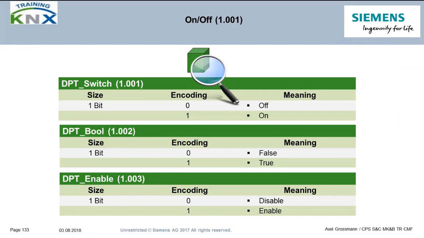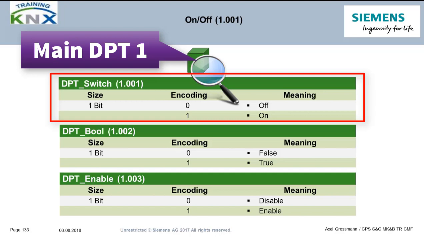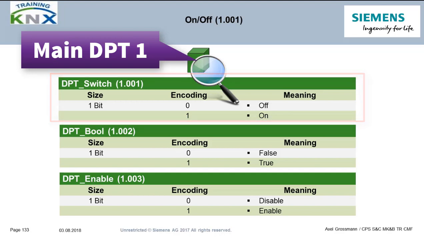The figure XXX before the point describes the main data point type. In our picture here, it is the binary data point type 1 with the values 0 and 1. The figure YYY after the point describes the interpretation. With binary types, it is always the effect of either 0 or 1. The DPT 1.001 switching describes that 0 means switched off and 1 means switched on.